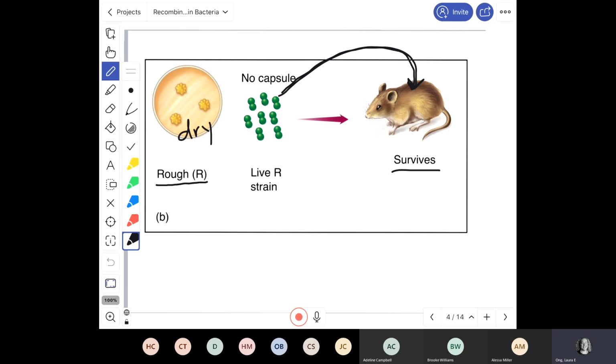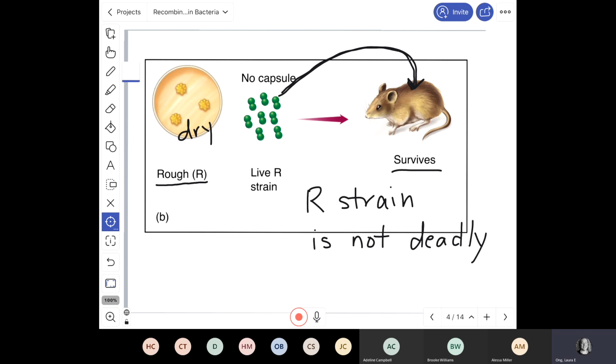So we can conclude from this that the R strain of Streptococcus pneumoniae is not deadly. It doesn't mean that it won't make the mouse a little bit sick, but it's not nearly as dangerous for the mouse's health as the smooth strain.